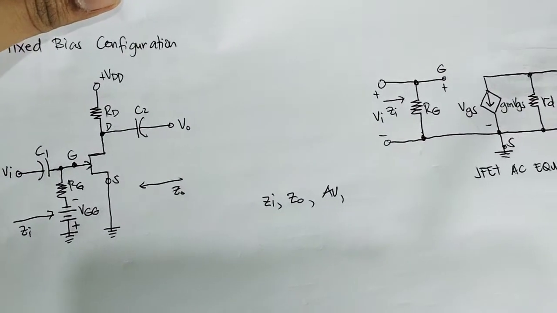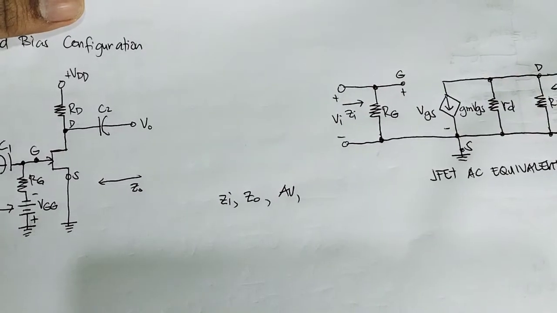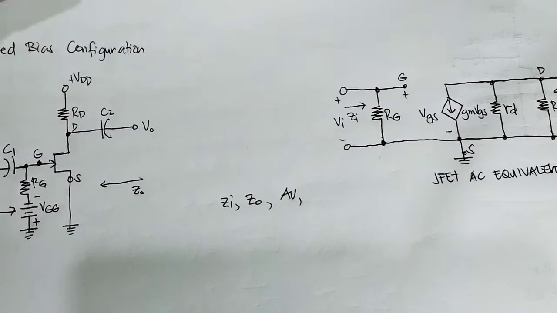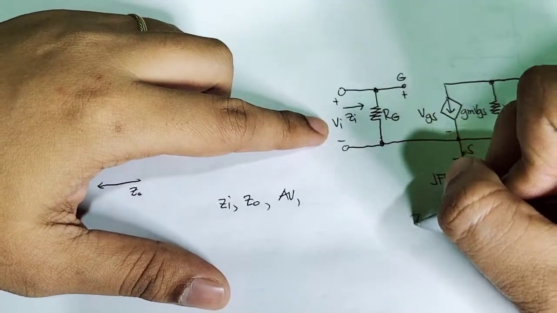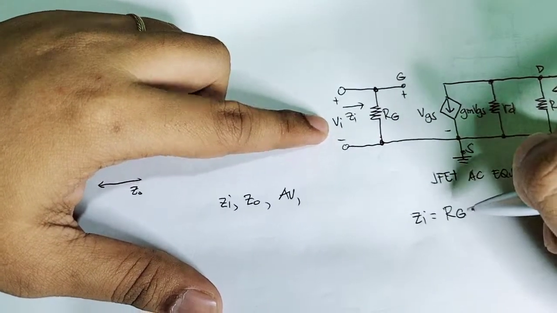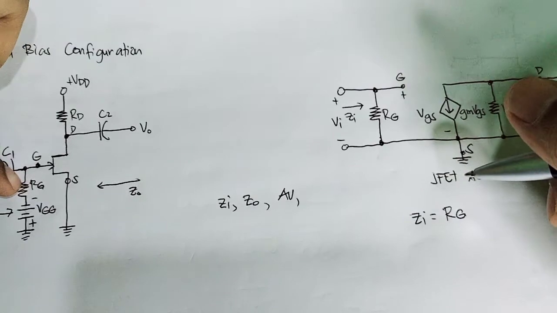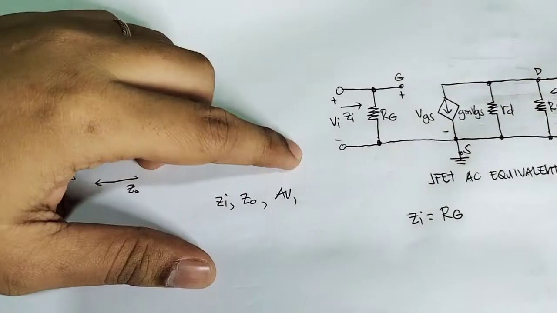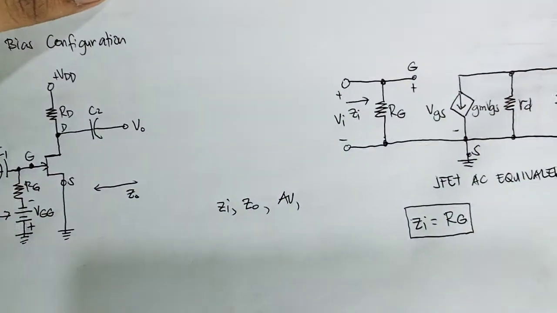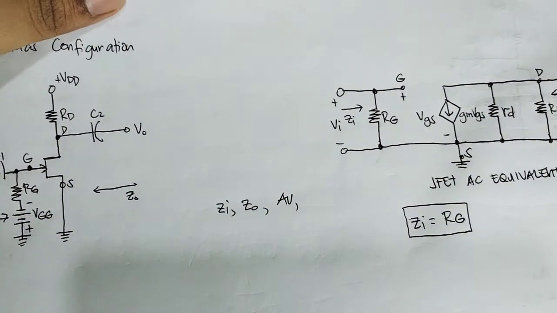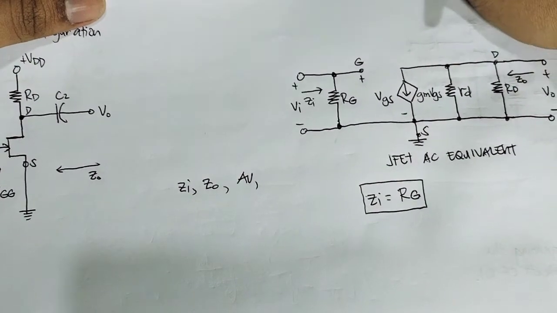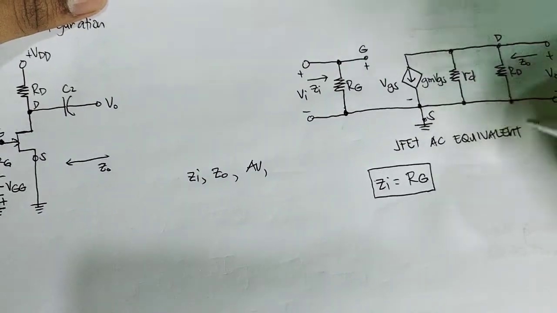As you can see in this analysis, the input impedance Z i is just equal to R G. Usually R G has a very large value, so therefore the Z i, the input impedance of a JFET, is larger compared to the input impedance of a BJT. So how about the Z out?